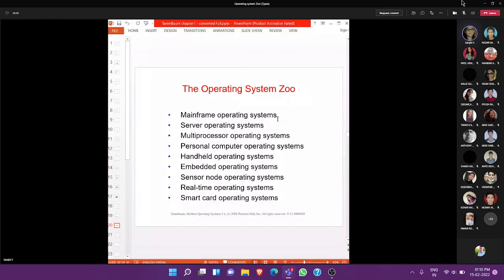They will generally have a server operating system on their server. Examples: Linux, Windows Server 200X, Solaris, FreeBSD. All these are server operating systems.